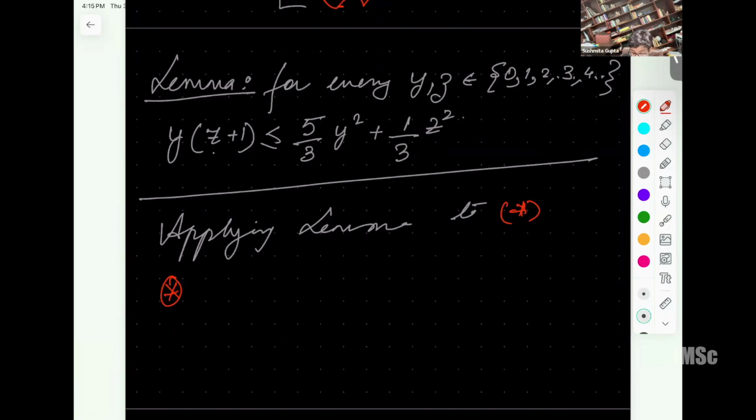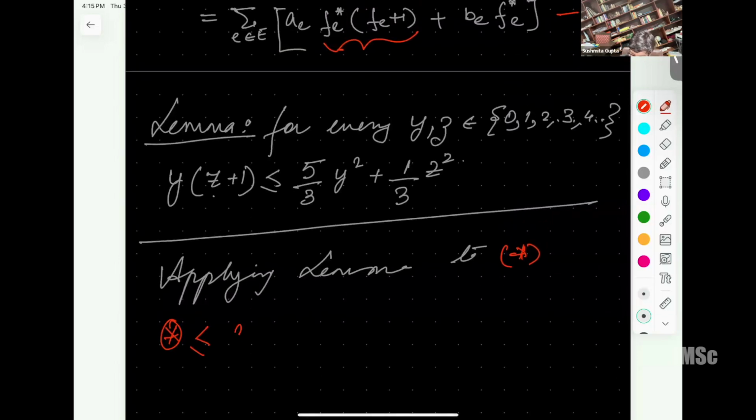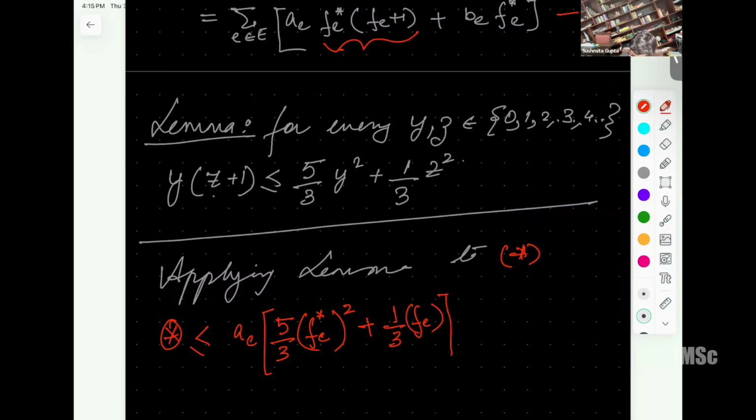Y is f star e, is less than or equal to AE, 5/3 f star e, plus FE, plus BE f star e.